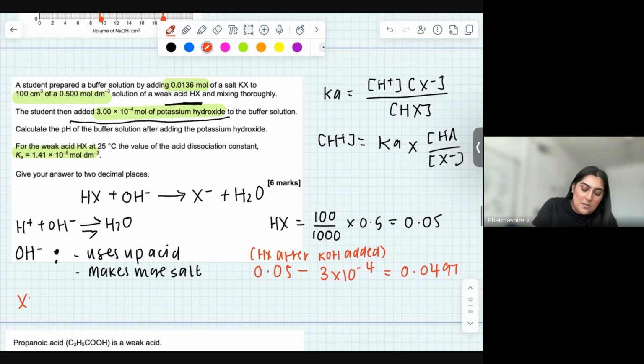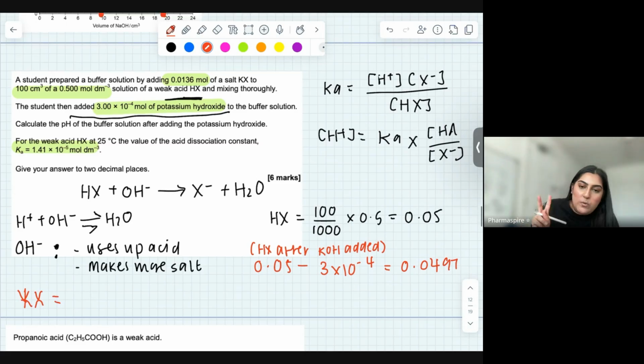So your salt is X minus, but when it adds the KOH, we're going to get something that's KX, isn't it? So after we add the KOH, we've made more.